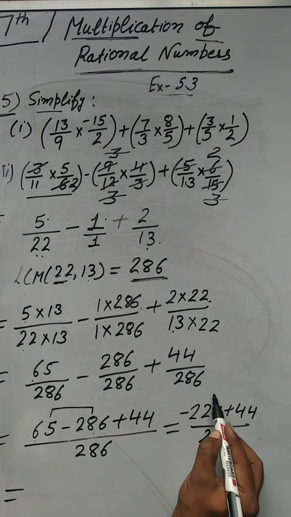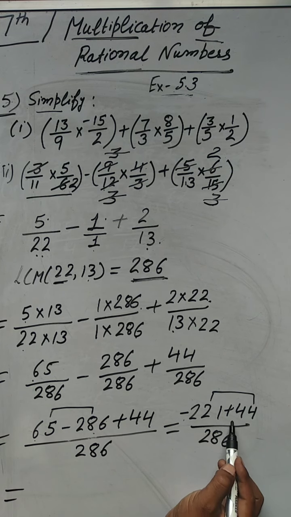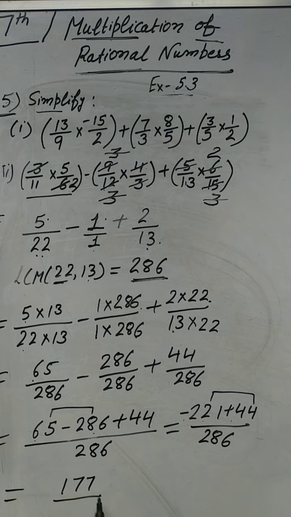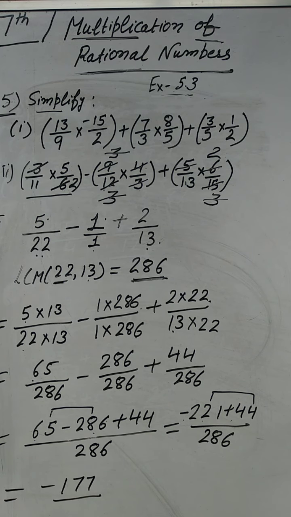Clear? Now look at these two numbers. As like here, one is negative, one is positive. What to do? We will subtract them. So 221 minus 44 will be equal to 177, and the sign will be of the greater number. Which is greater? 221. Its sign is negative, so here it will be minus.